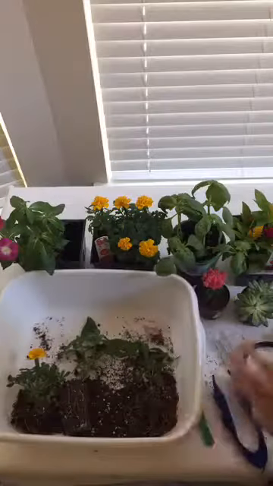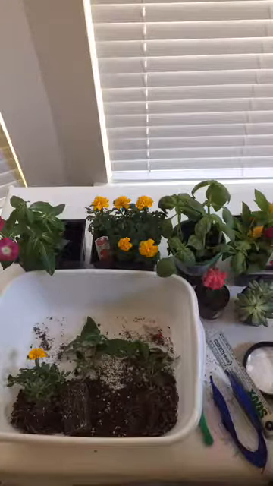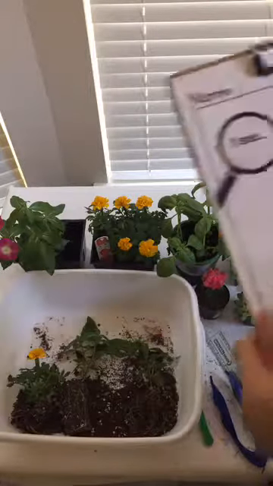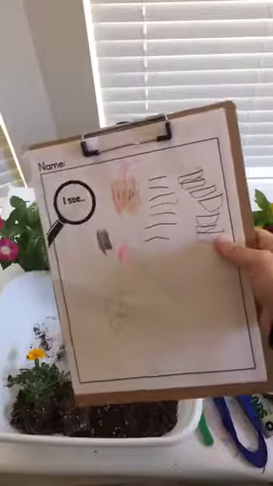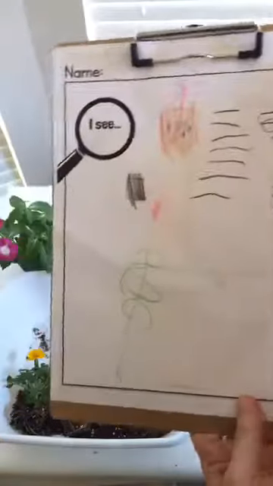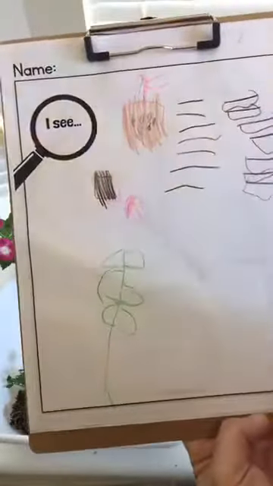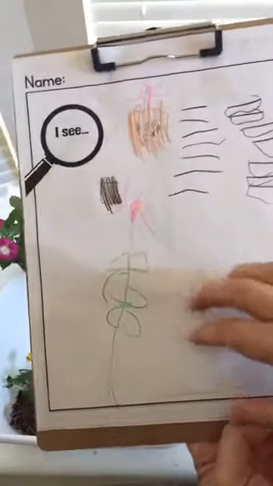So that is as simple as it can get, but you can also encourage students to document what they see. So here we have just a drawing, and your writers can write if they're writing, but I know a lot of you are working with younger kids, so drawing pictures, drawing what they see, drawing what they observe.